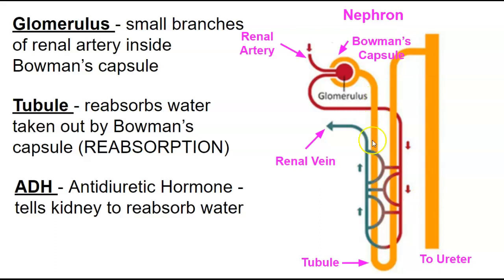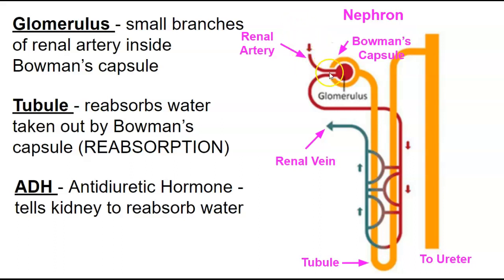So from the tubule then, it's going to go to the ureter here. And then this is called excretion, getting rid of waste, to excrete. And remember, the ureter goes to the bladder, and then the bladder goes out to the rest of the body, or outside of the body.